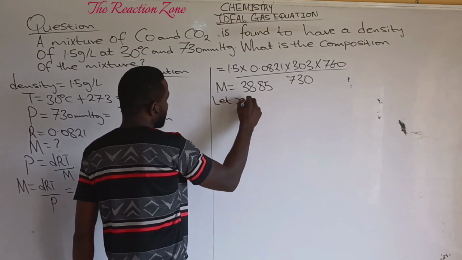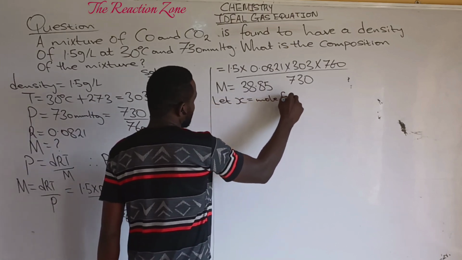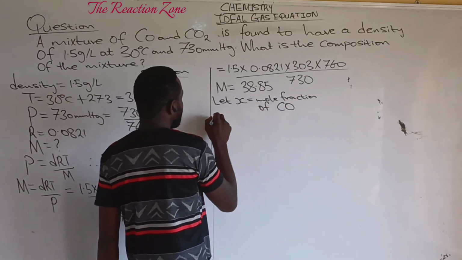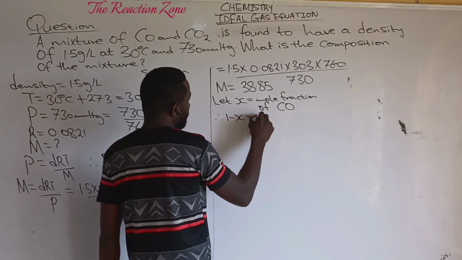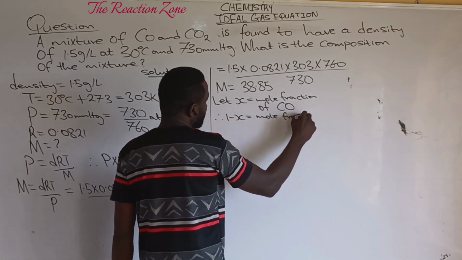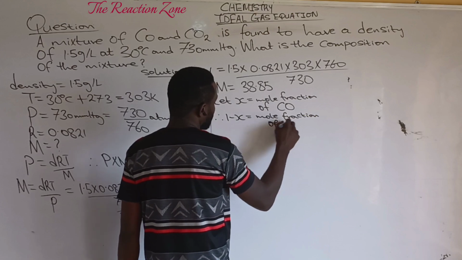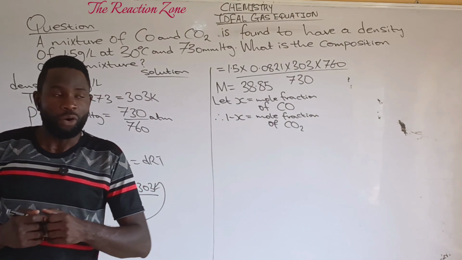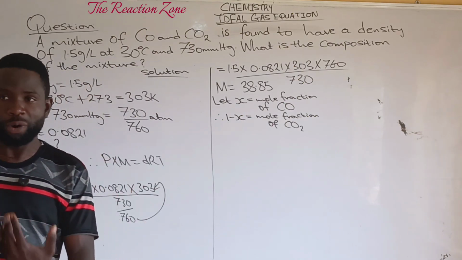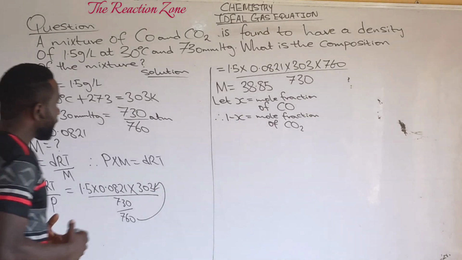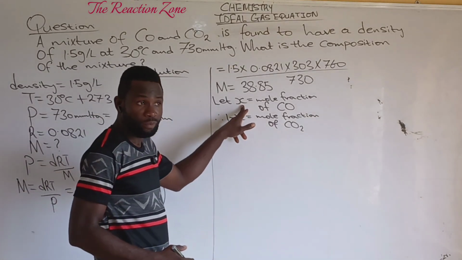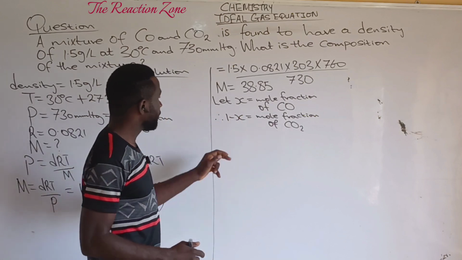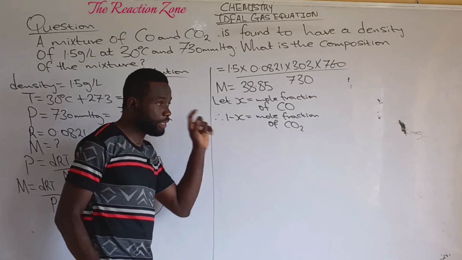Let X be equal to the mole fraction of CO. This therefore means that 1 minus X will be equal to the mole fraction of CO2. Do not forget that the sum of the mole fractions of all the components of the mixture must be equal to 1. So if X represents the mole fraction of CO, it automatically means that the mole fraction of CO2 will be 1 minus X, because the sum of X and 1 minus X equals 1.